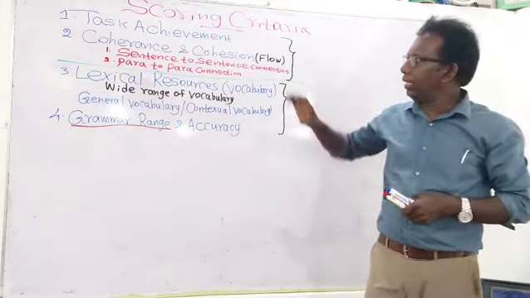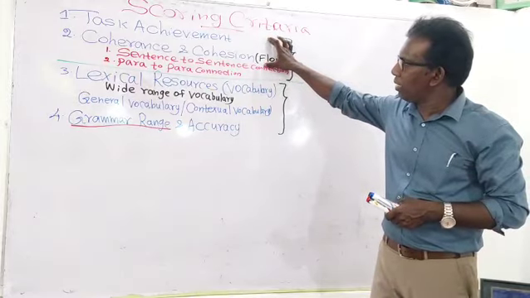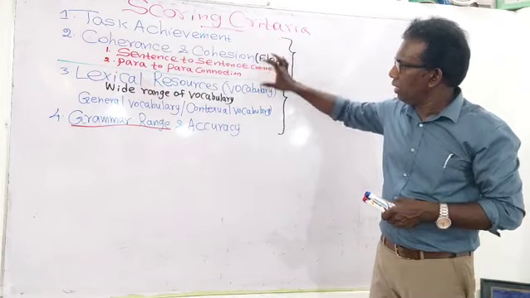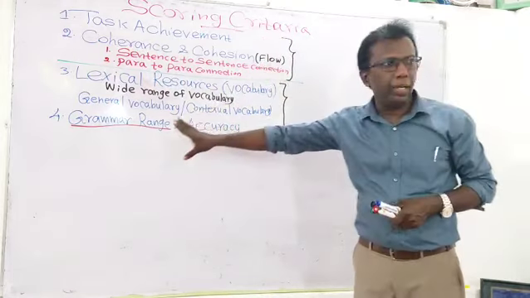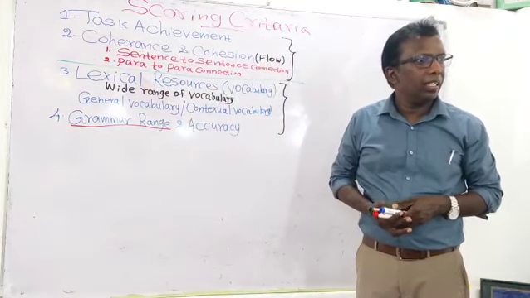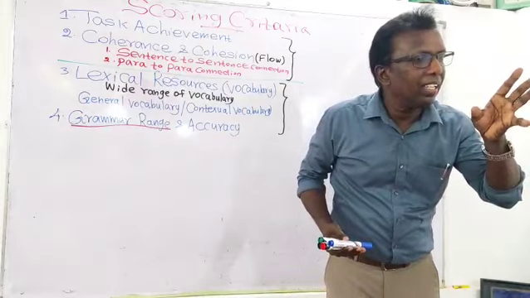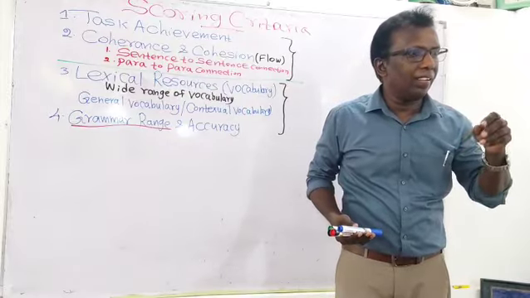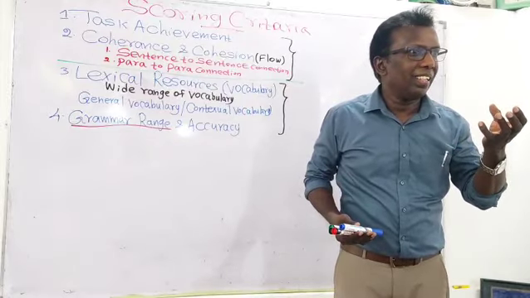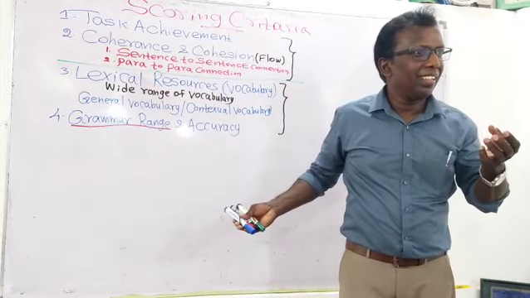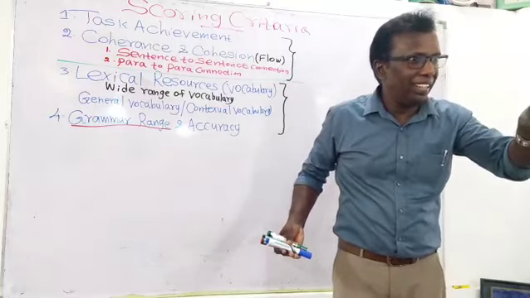Task achievement, coherence and cohesion. Vocabulary, grammar. First two? Skill. Second two? Yeah. Can you see some difference?